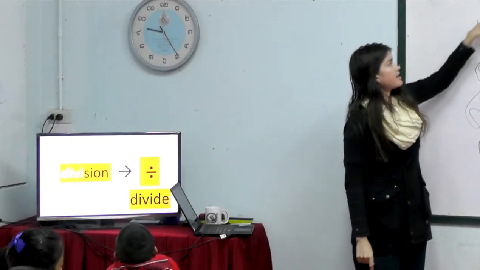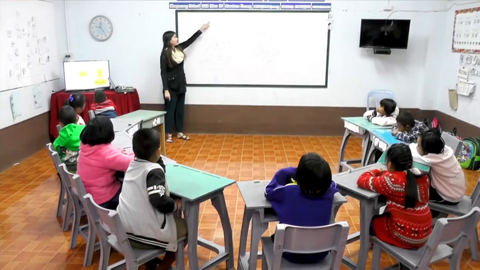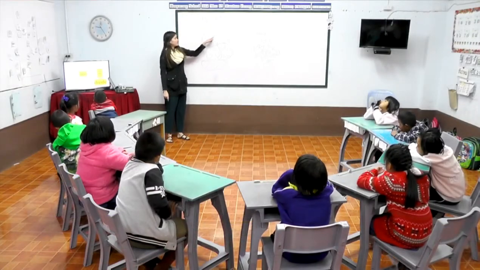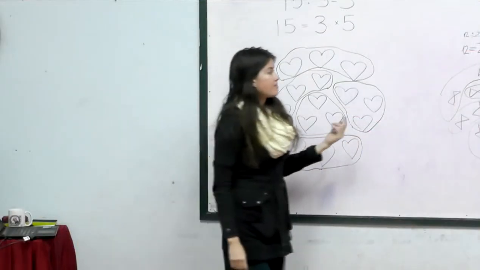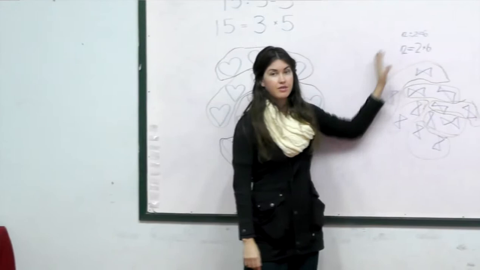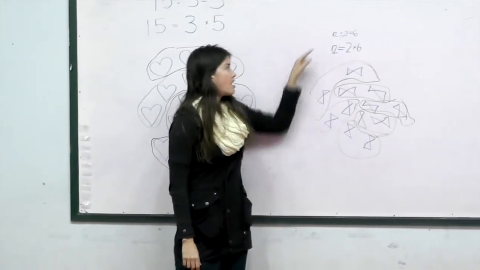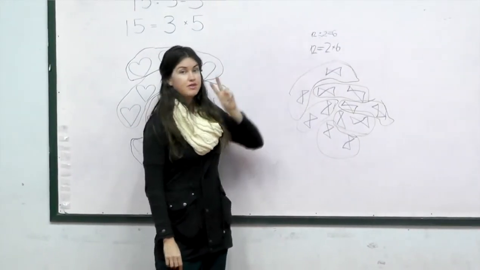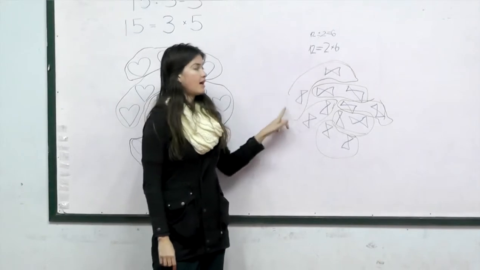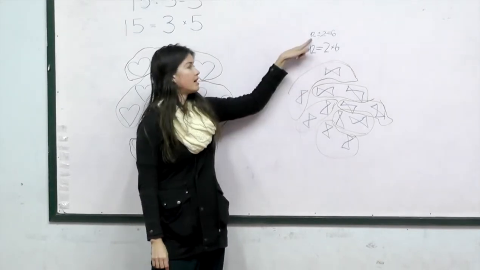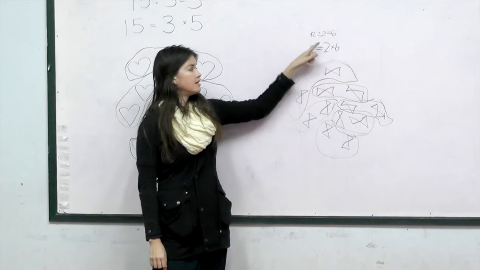We had a big number, 15, divided by 3, 3 in every group, and we have 5 groups. Or the same as we did with our candies, we started with 12 candies. Pangpon made groups of 2 for us, and we have 6 groups. So 12 divided by 2 gives us 6.